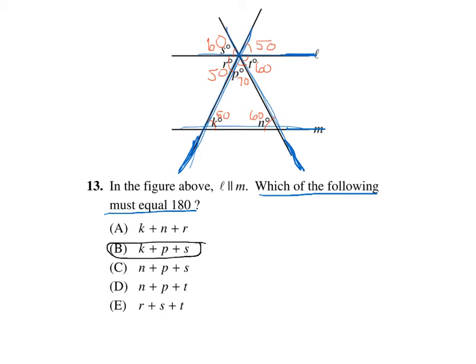I think the easiest way to see abstractly that K, P, and S add up to 180 is that S is the same as N, because the angle in the upper left and the angle in the lower right are the same according to L and M cut by this transversal.